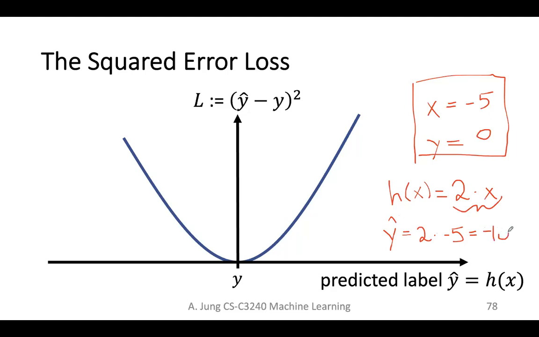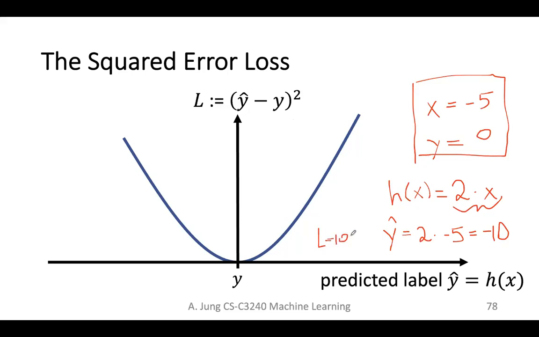Okay, so this is our predicted maximum daytime temperature, but the true maximum daytime temperature would be 0. So what do we do? We compute -10 minus 0, which is -10, and square it, and then we get a value. In this case, the loss would be 100.